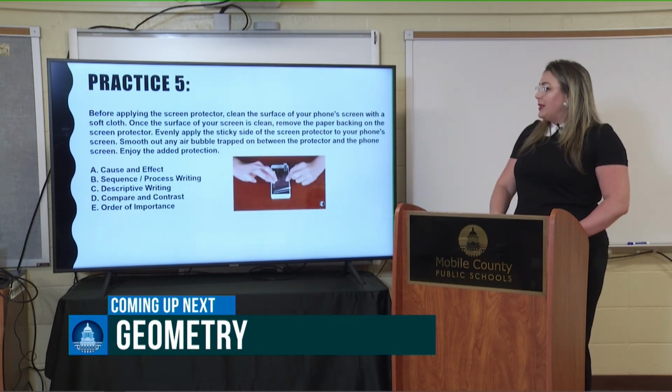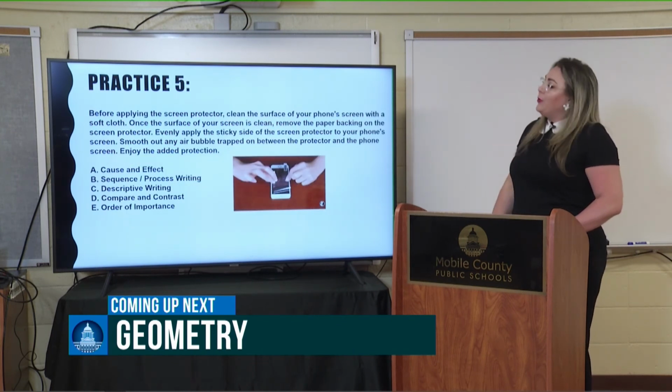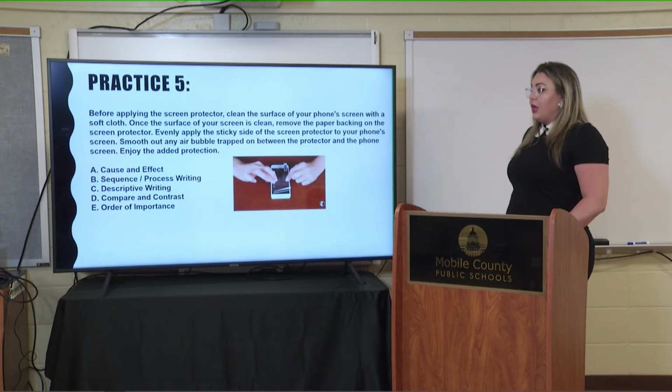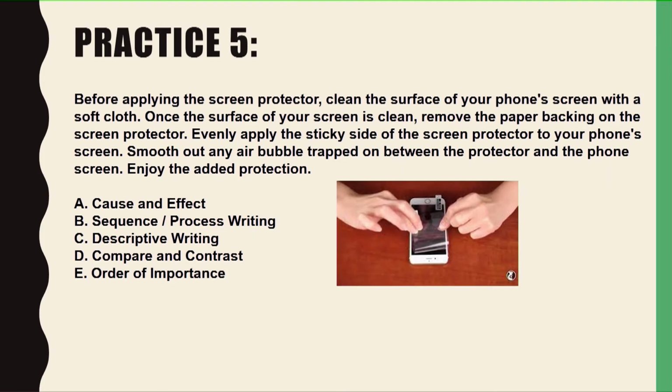All right, practice number 5. Before applying the screen protector, clean the surface of your phone's screen with a soft cloth. Once the surface of your screen is clean, remove the paper backing on the screen protector. Evenly apply the sticky side of the screen protector to your phone's screen. Smooth out any air bubbles trapped between the protector and the phone screen, and enjoy the added protection.